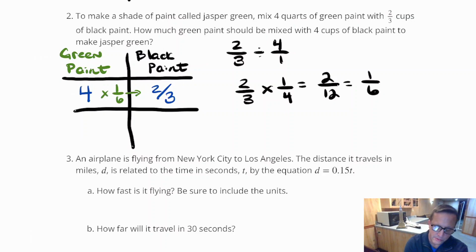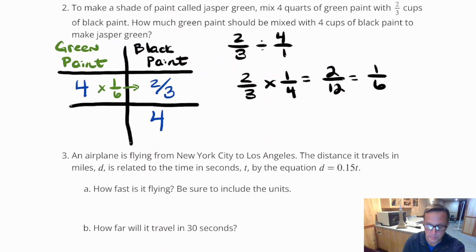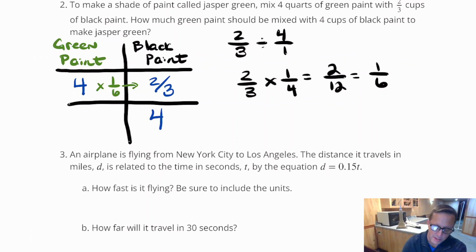And that is right, because the question is asking us, how much green do we need for 4 cups of black? So this time around, we're going to do 4 divided by 1/6. We're not going to multiply by 1/6 because we're going the other direction.